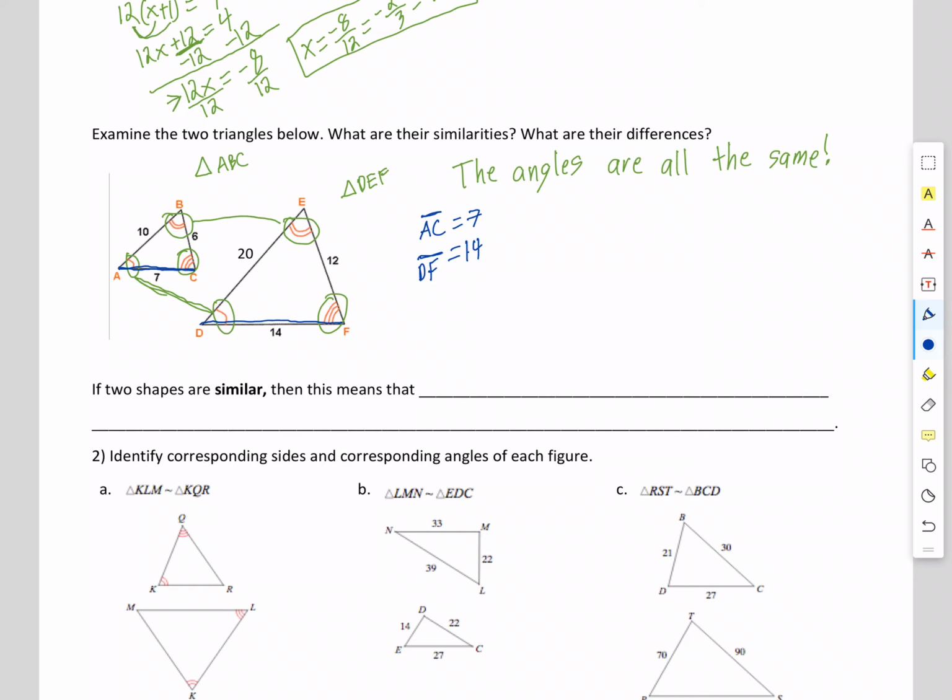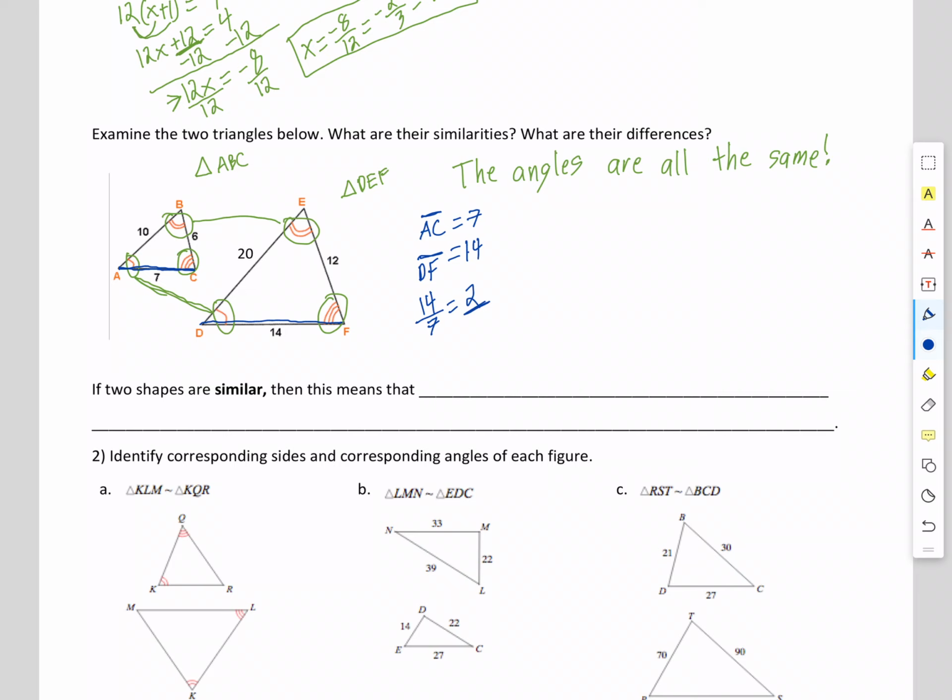So if we compare those, just wanting to see how much bigger DF is than AC, we could just take 14, divide that by 7, and that's equal to 2. So DF is 2 times bigger than side AC.